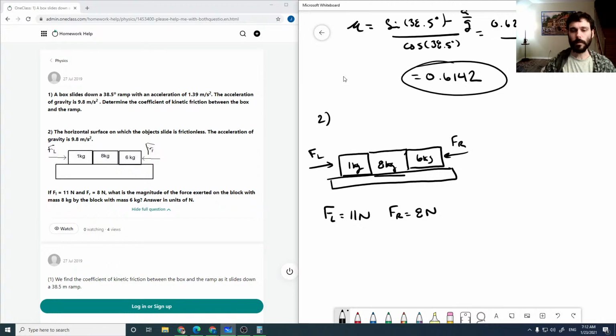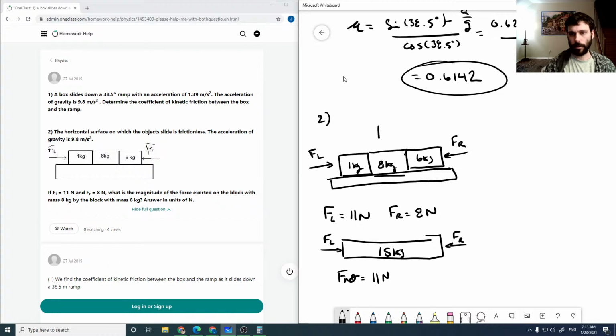Okay. So first of all, let's treat the whole system as its entirety. So that would be a mass of 8 plus 6 is 14 plus 1 is 15. And we've got our FL and our FR. And so then our F net is 11 newtons in the positive direction, so I'm going to use that as my positive x and that as my y, minus 8 newtons in the negative, so that's 3 newtons total.